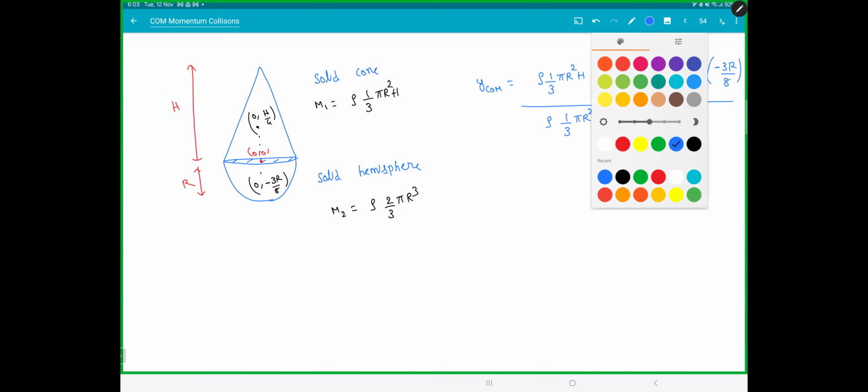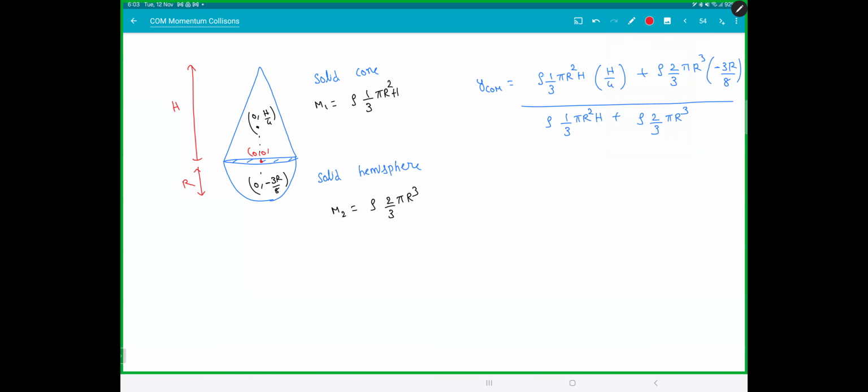Now from here, if you look at it, rho goes off, 1 by 3 goes off, pi r square goes off. You will be left with h square by 4 minus 3r square by 4 by h plus 2r.